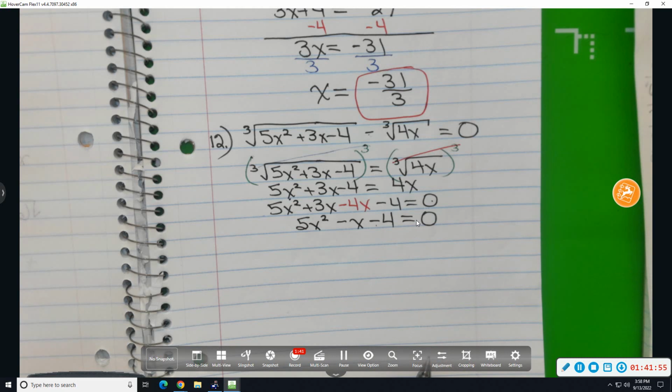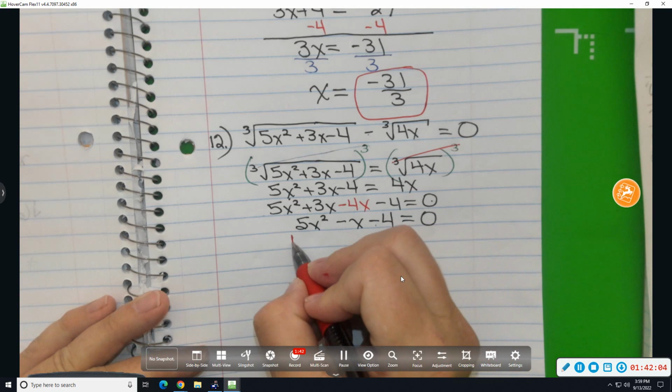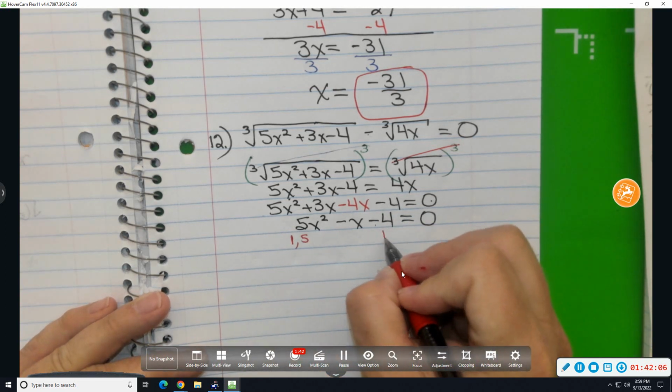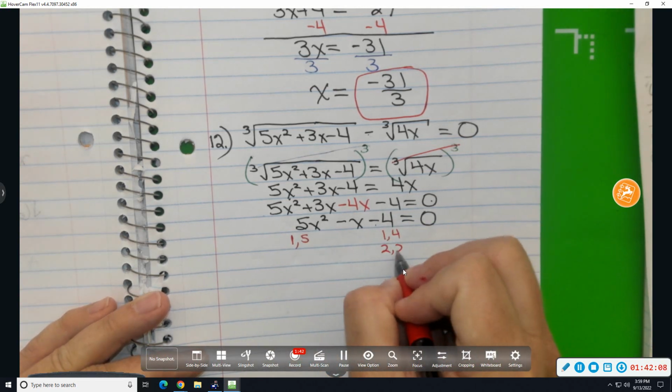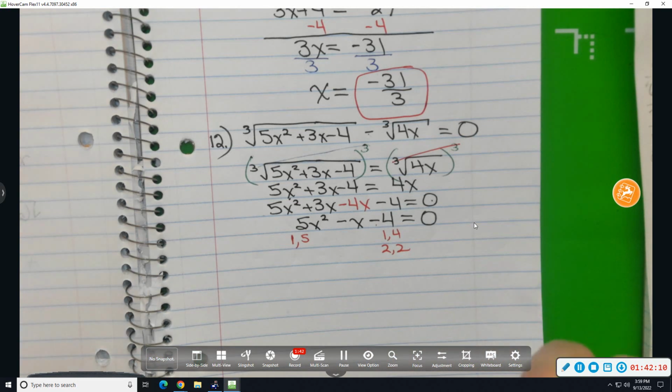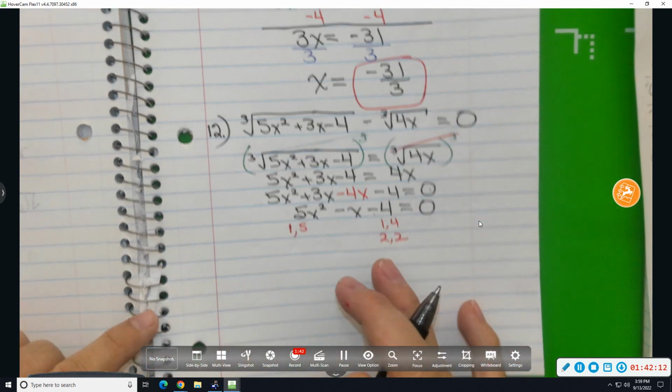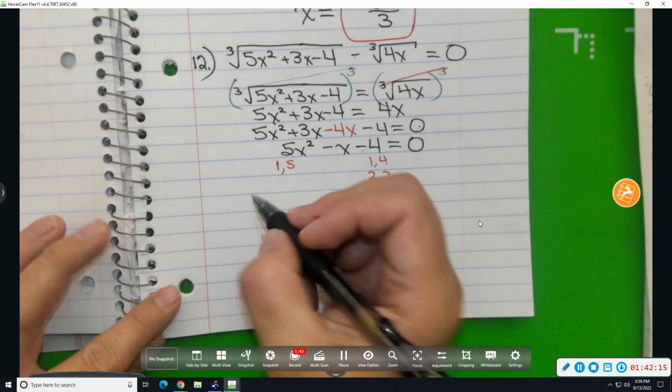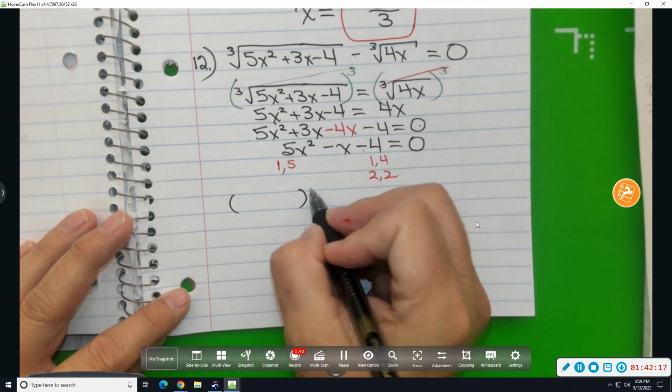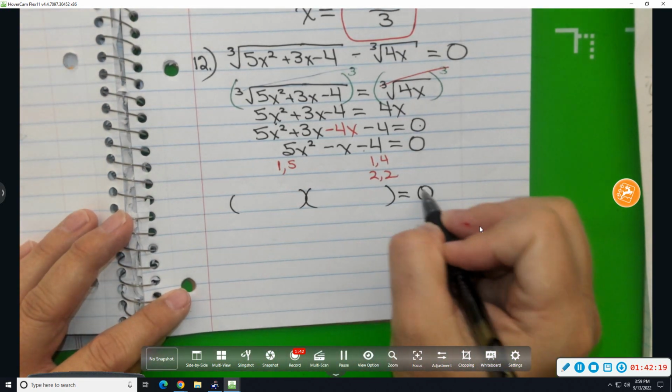And this thing is factorable. 1 times 5, 1 times 4, and 2 times 2. And I'll write my two sets of parentheses. Second sign is minus.